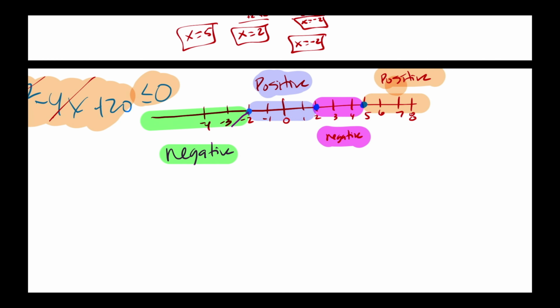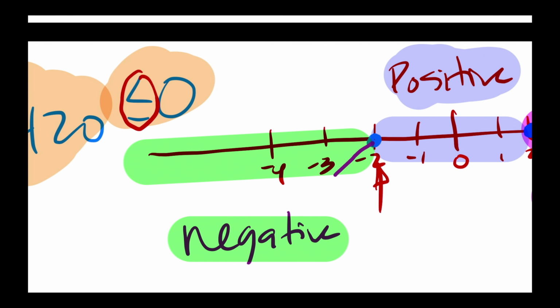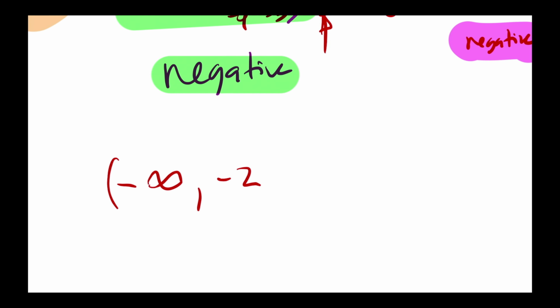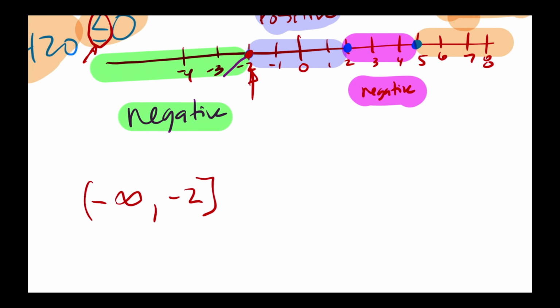We can say from negative infinity, and we put a parenthesis because you can't put a bracket around infinity, all the way to negative 2. Does it include negative 2? Do I put a bracket or a parenthesis? When is it less than or equal to 0? At negative 2, it is equal to 0, so I'm going to put a bracket because it includes it.